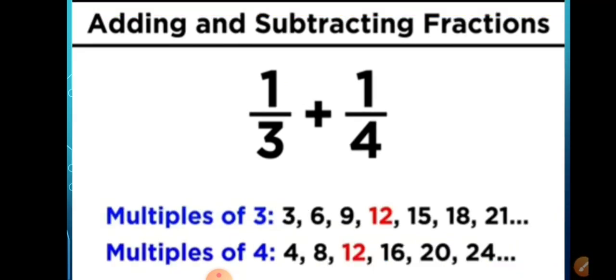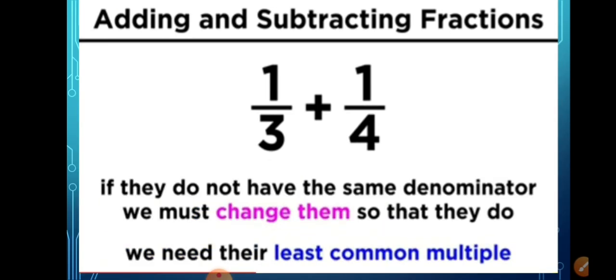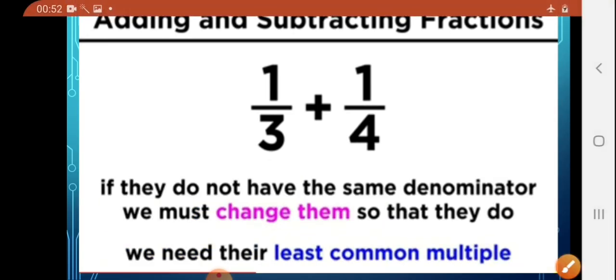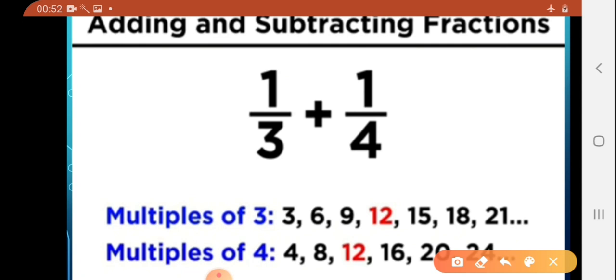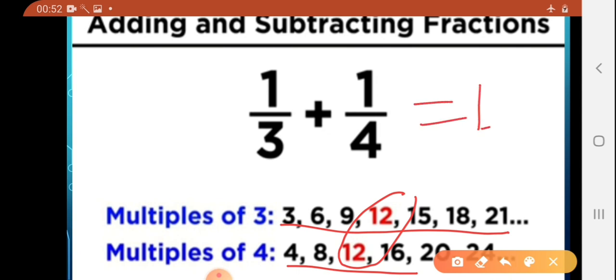You can write the multiples of 3, you can write the multiples of 4, and you can see the least common multiple. Here the LCM is 12.